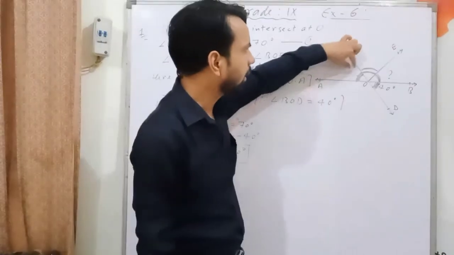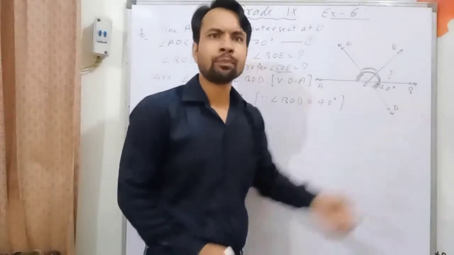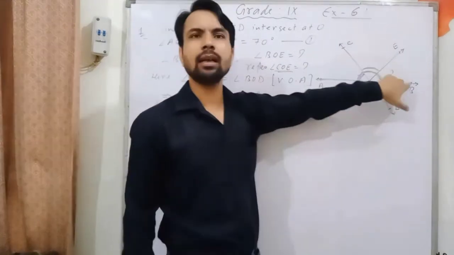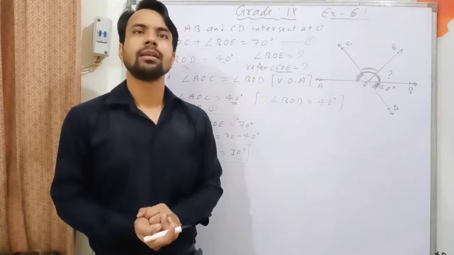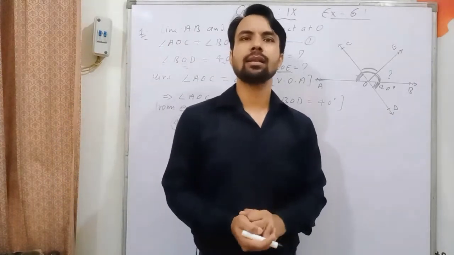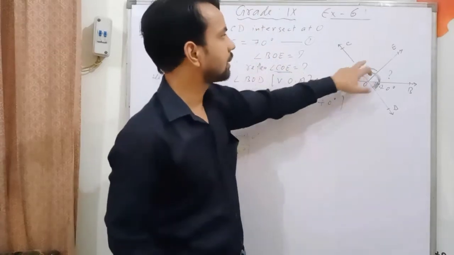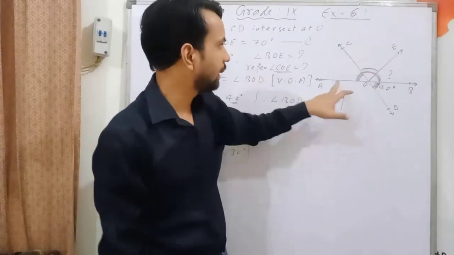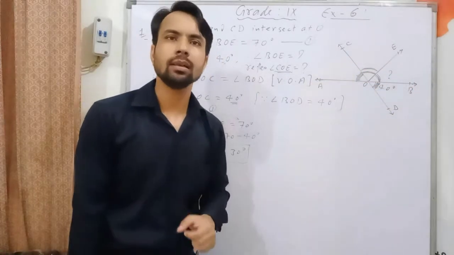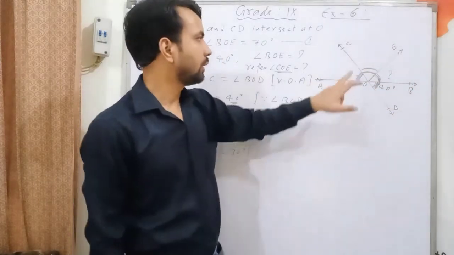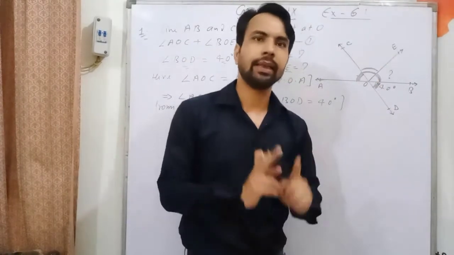These three angles together form a straight line. That means all these three angles together make a straight angle, and we know that the sum of angles on a straight line is always 180 degrees. Here these three angles form a straight line AOB. That's why their sum will be 180 degrees.